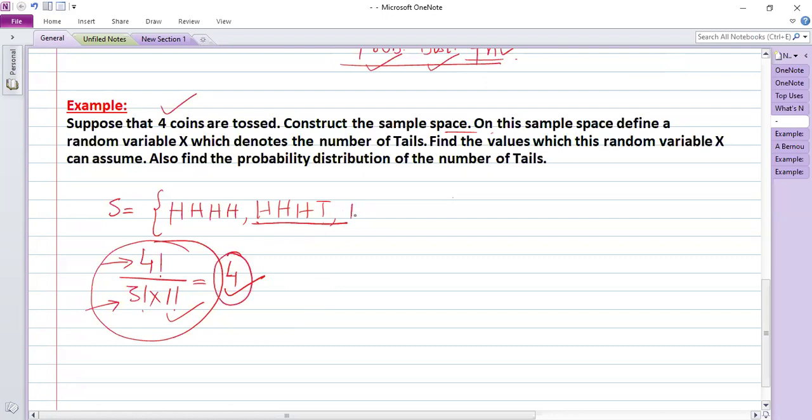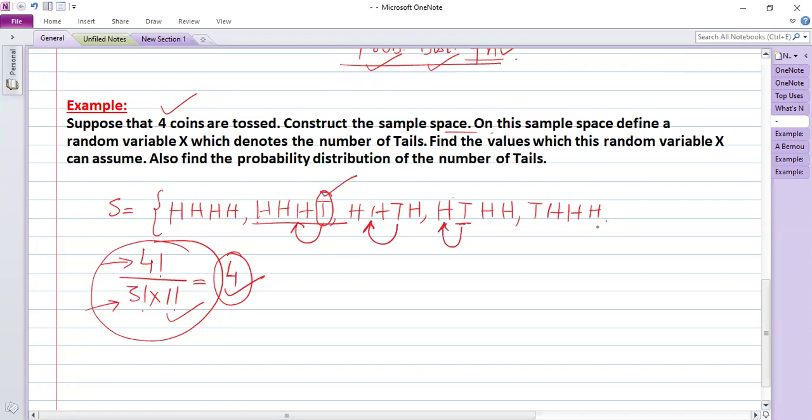They are head, head, tail, head, then head, tail, head, head, and then tail, head, head, head. You can see this T being shifted one by one.